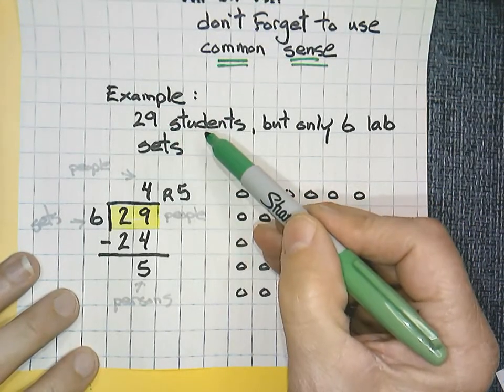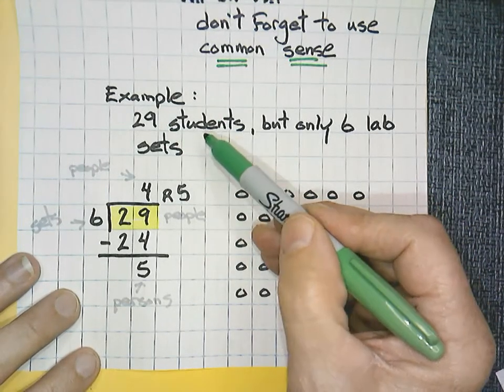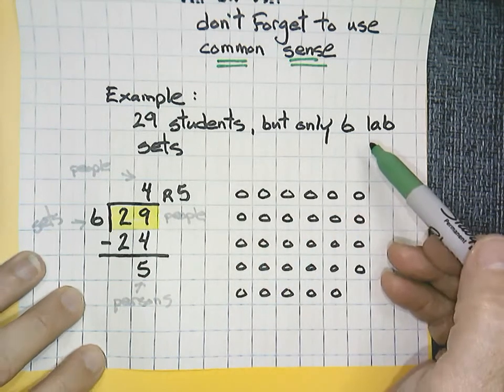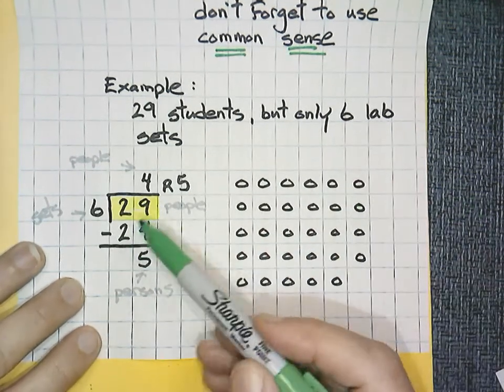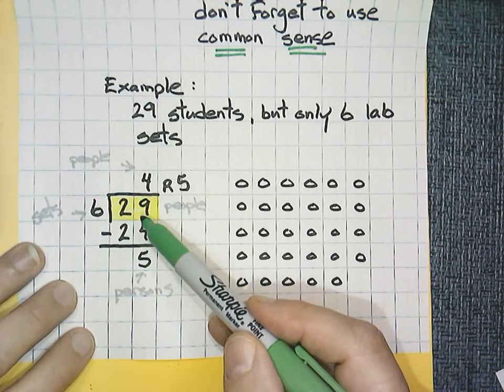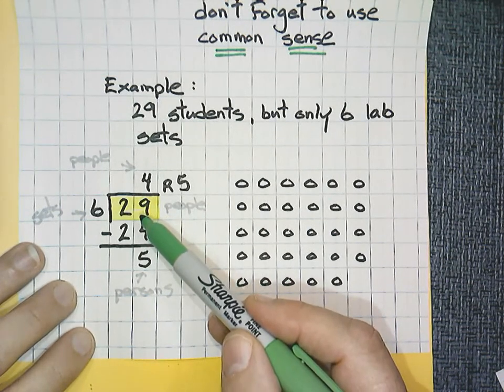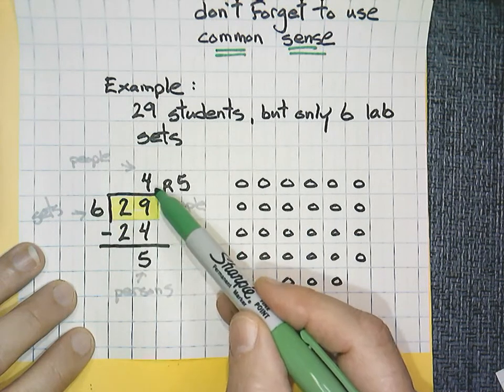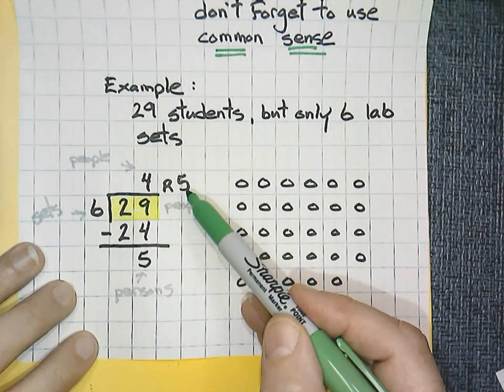29 students in a classroom, but there are only 6 lab sets. That's a common problem that we run into, right? Well, here's the math. We did that problem on the previous page. 29 divided by 6 is equal to 4 with the remainder of 5.